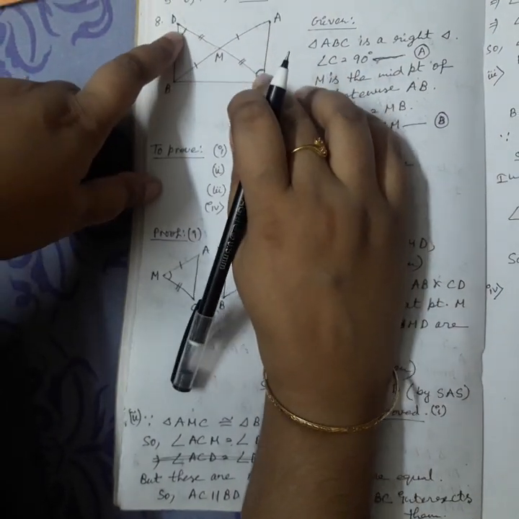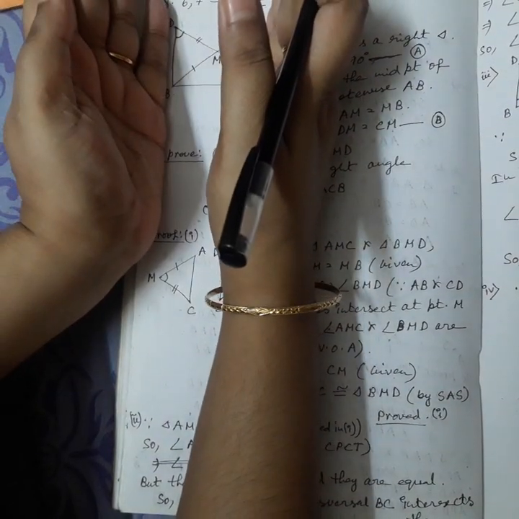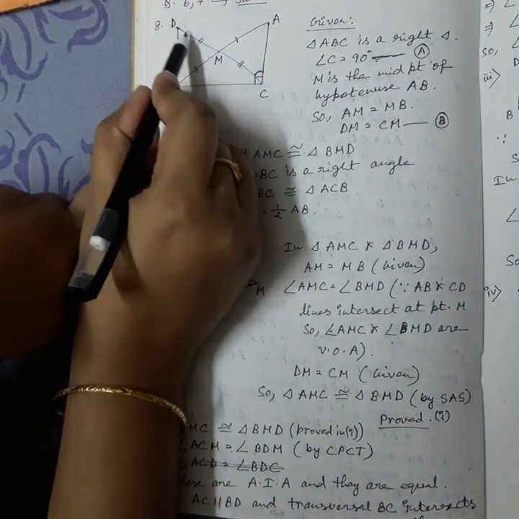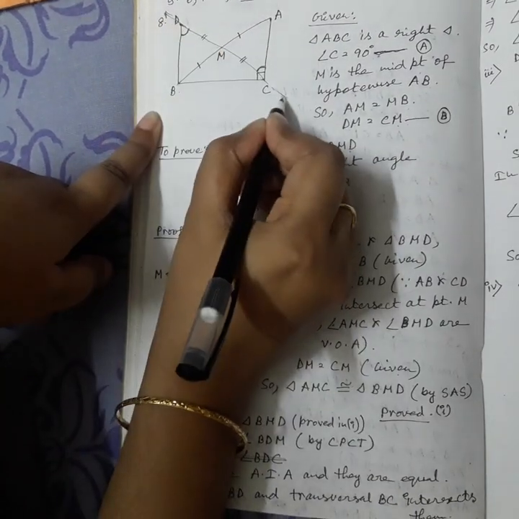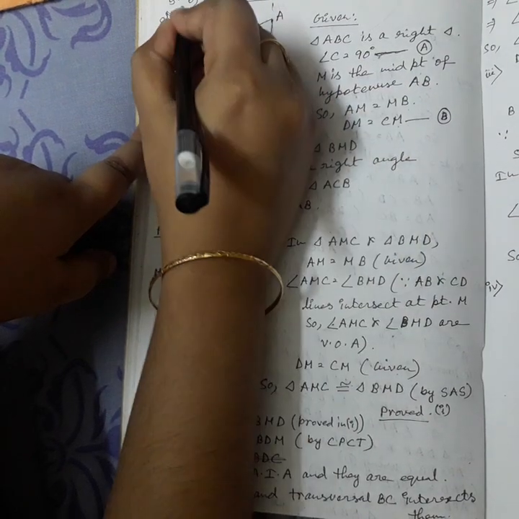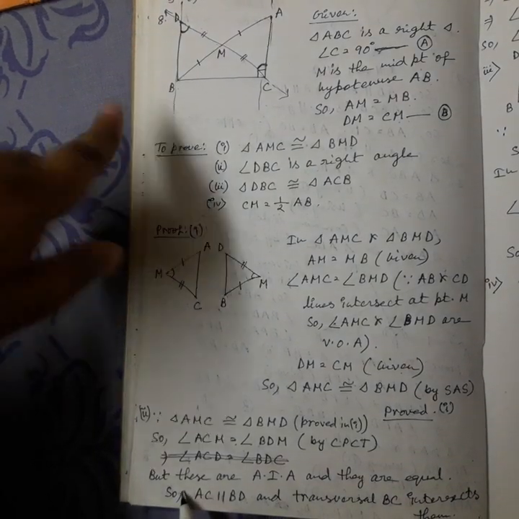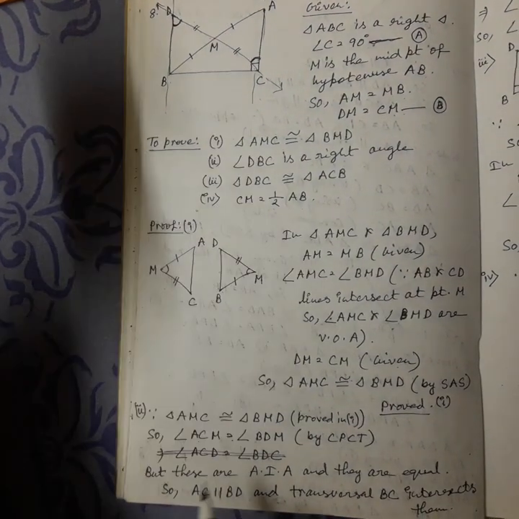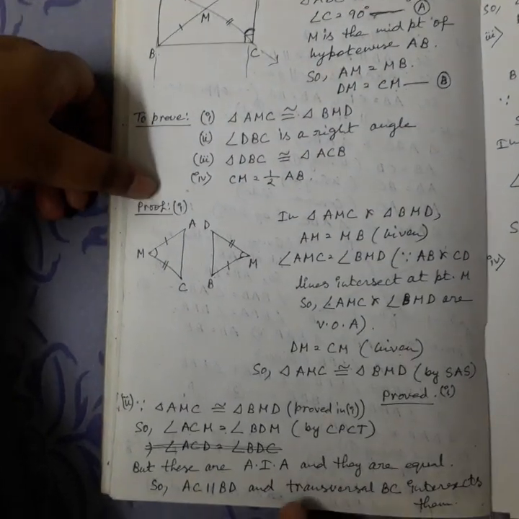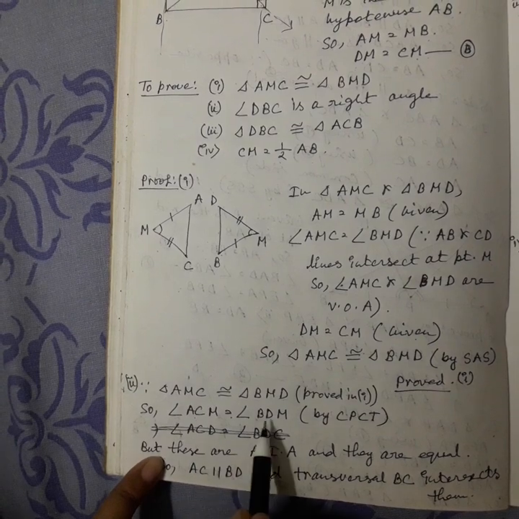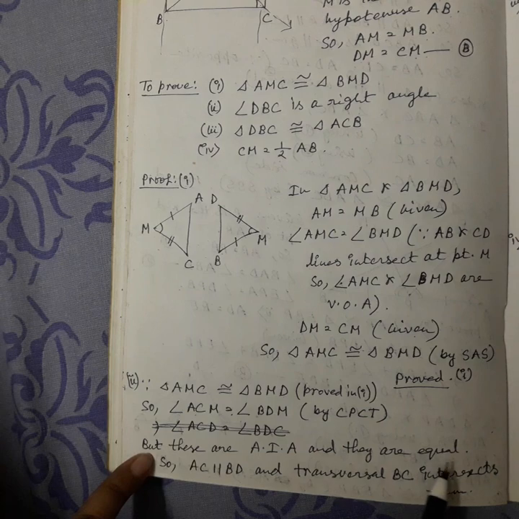So this angle and this angle are equal and they form alternate interior angles. If these two lines are parallel and we take this as the transversal, then this angle and this angle will be alternate interior angles. Angle ACM equals angle BDM, they are alternate interior angles and they are equal.